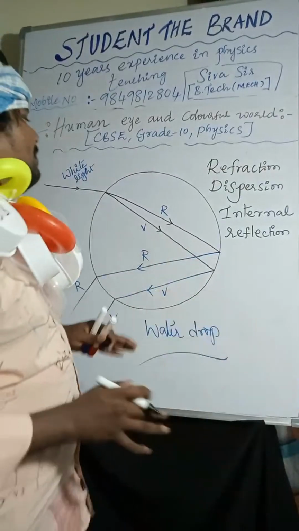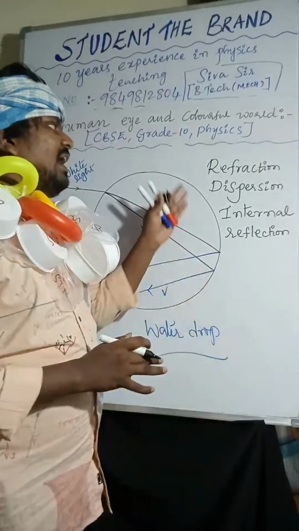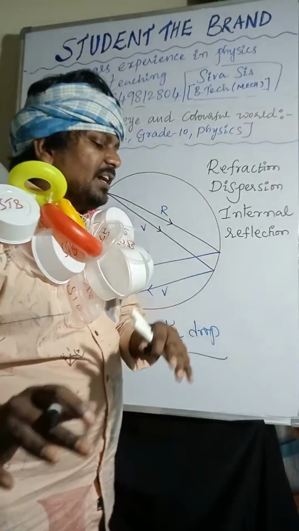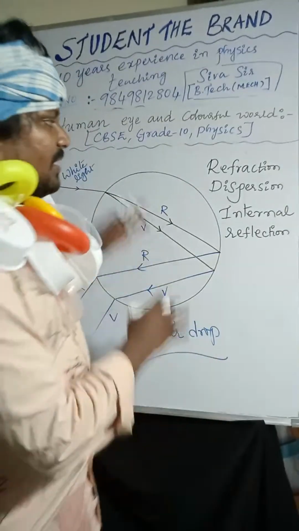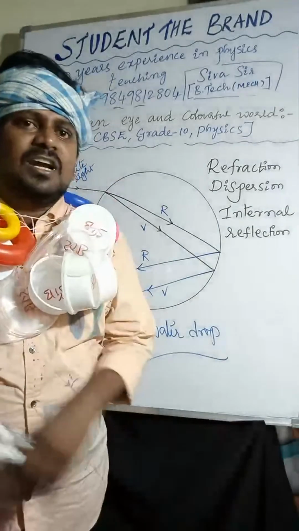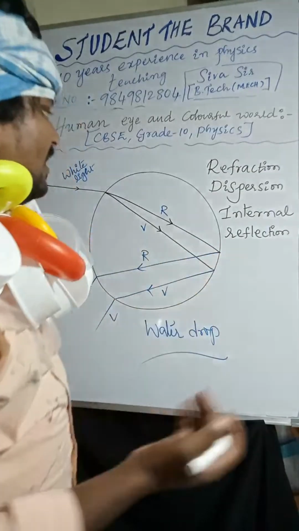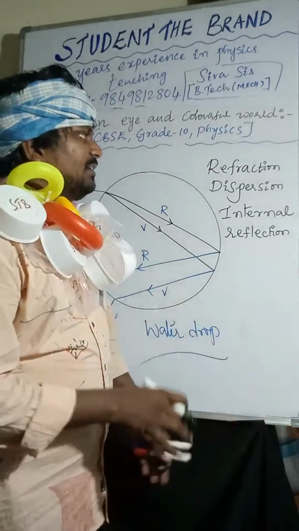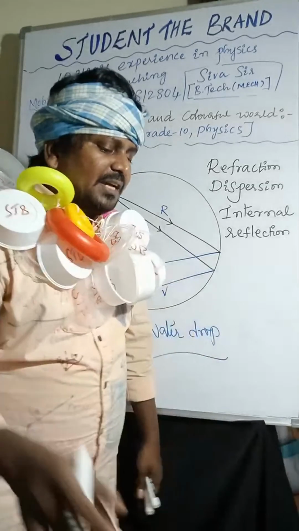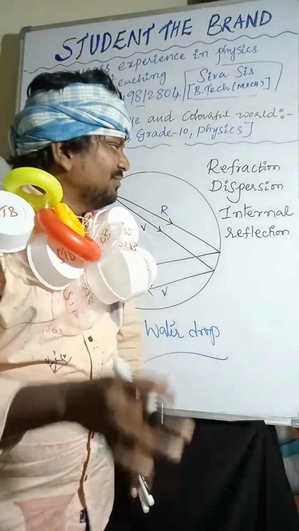When white light passes through a water drop, it undergoes refraction, dispersion, internal reflection, and again refraction.